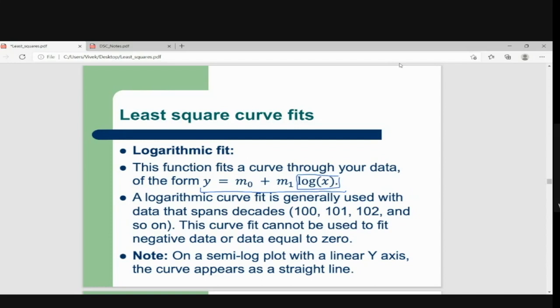So it is a logarithmic fit, and we generally use it whenever we have large values of x, like x given at 100, then 101, 102, or maybe 100, 200, 300, or at intervals of 100, then 1000, then 10,000. In that case we always go for the logarithmic fit, because instead of x we can use log x, and plot it on a semi-log plot like this.